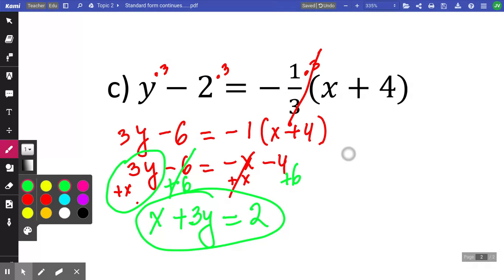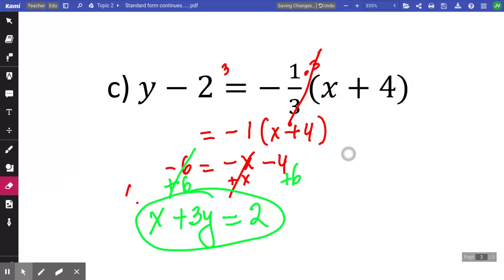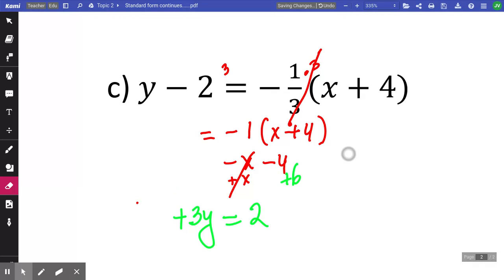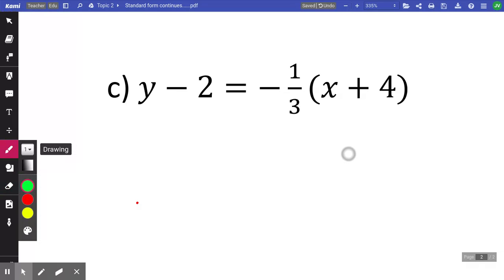Now, let me show you another way to do it, because some students prefer to use the distributive property right away. Let me just erase this. If you prefer to approach it that way, that's fine too. I just find it easier canceling the 3 first.